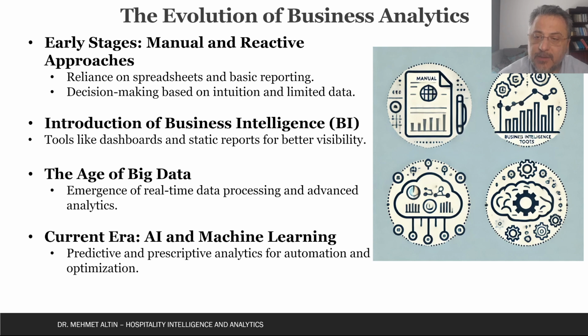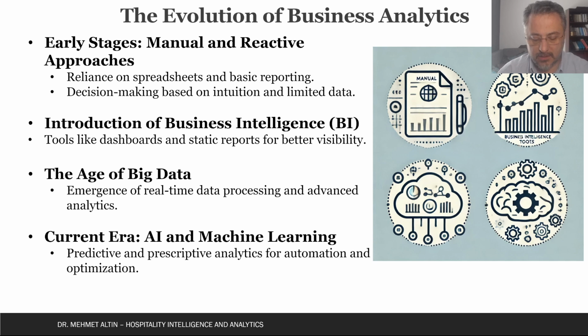The next significant leap came with what we call the age of big data. Advances in technology enabled businesses to process massive data sets quickly and efficiently. Real-time data analysis became possible, and businesses were able to use analytics to identify patterns and trends as they occurred, in real time.